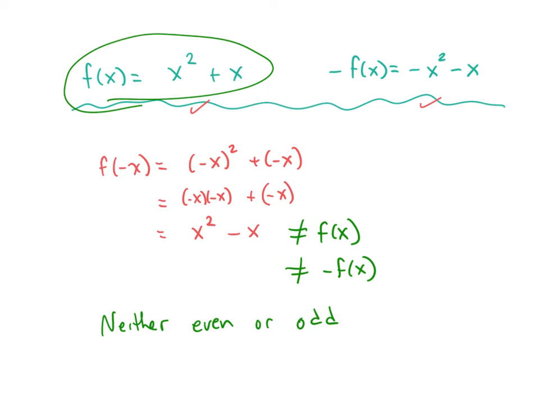We could look at one that might be even. Here is an even function, just to show you: x squared plus 5. If I replace x with negative x, we get negative x squared plus 5.